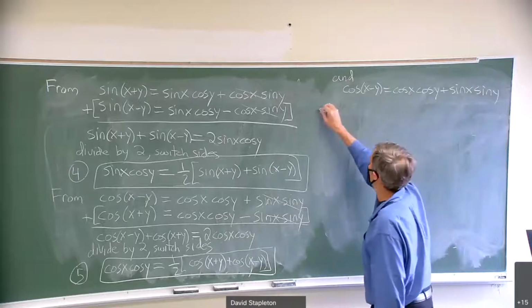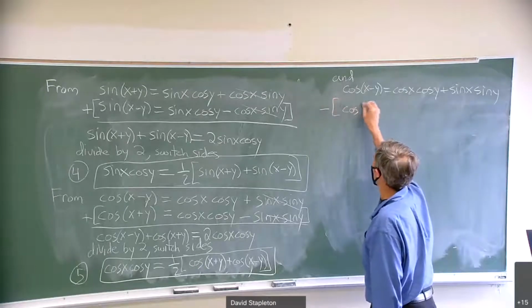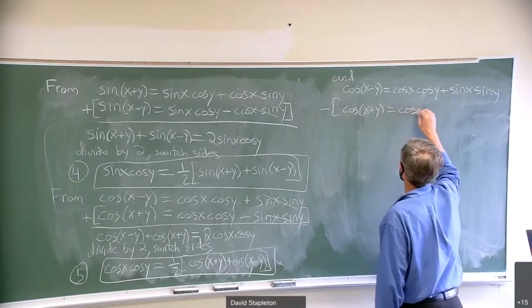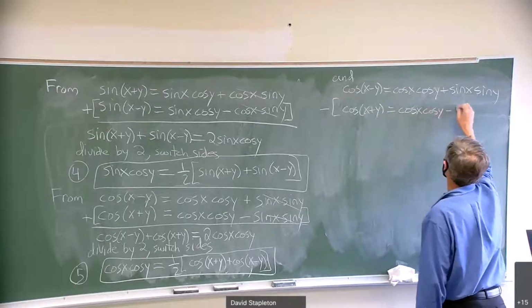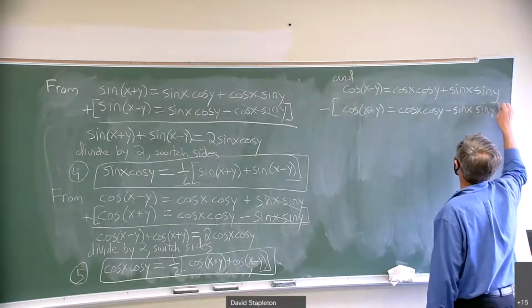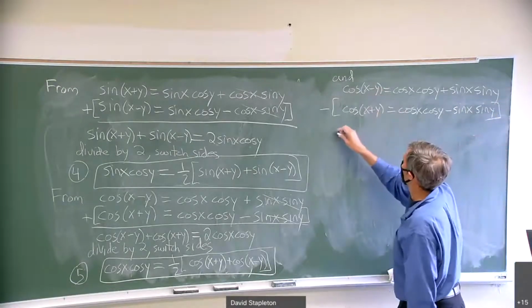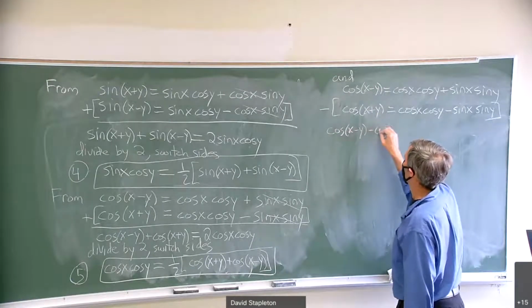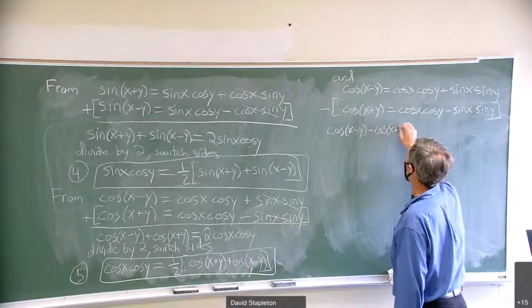And this time subtract cosine x plus y, which is cosine cosine minus sine sine. I subtract these on the left and I get cosine x minus y minus cosine x plus y is equal to the right.